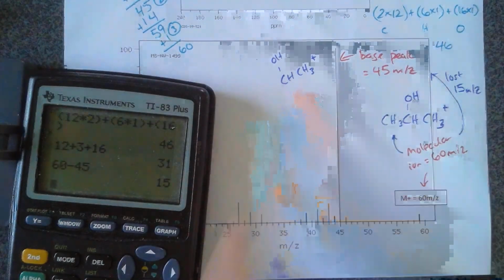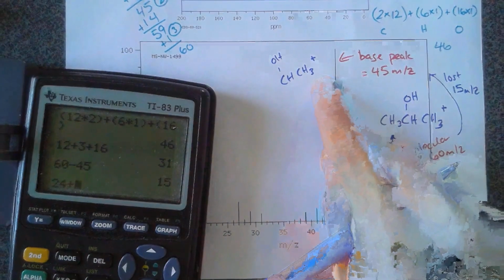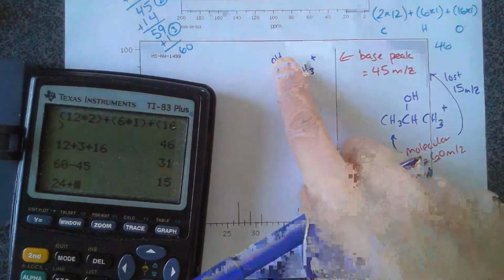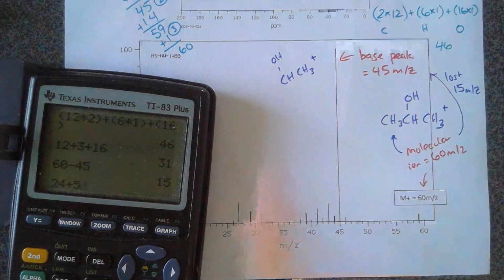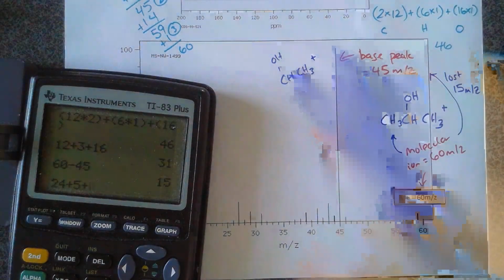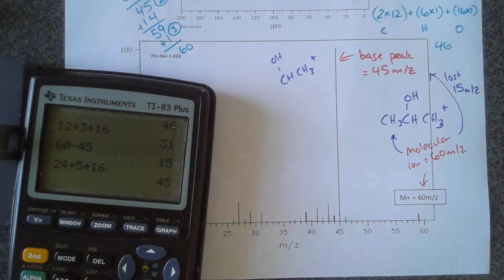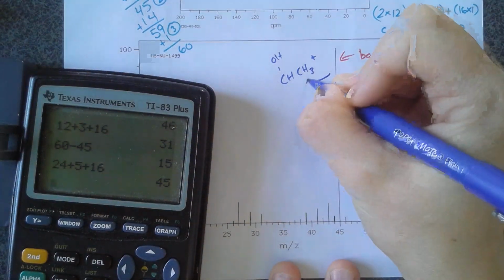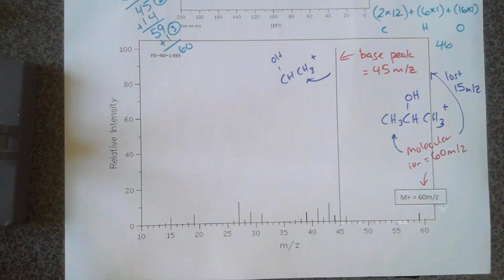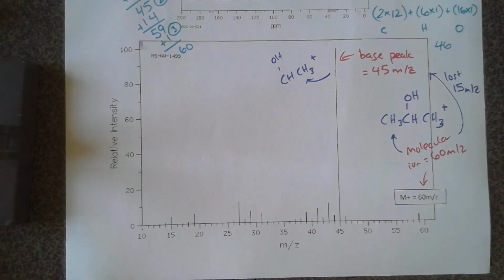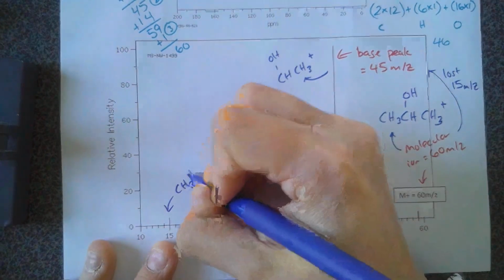So 12 and 12, 24, and 5 hydrogens, so I'm adding 5 to that, and then 16 from the oxygen, that equals 45. So that tells me the base peak fragment. You can do any one on there. So if you want, you can do 15 and tell me that 15 is CH3 plus.